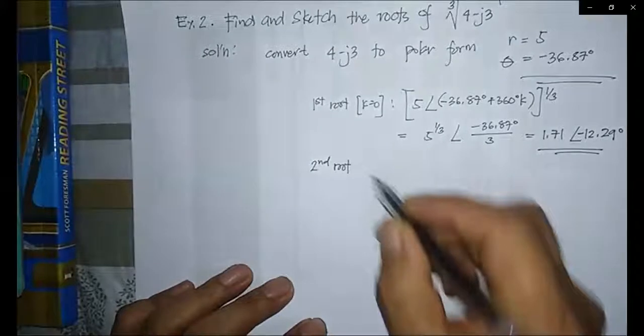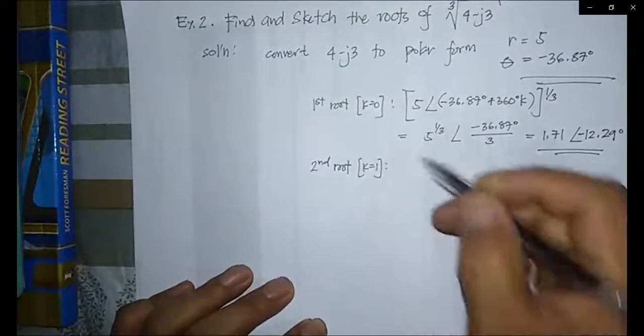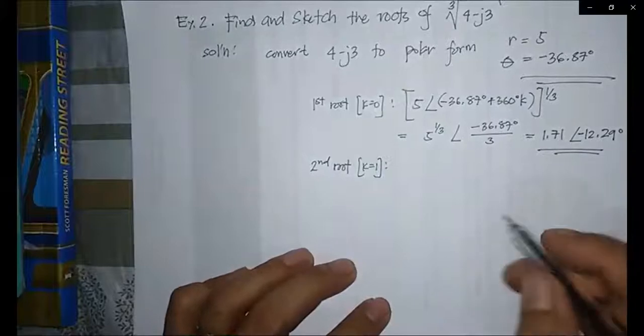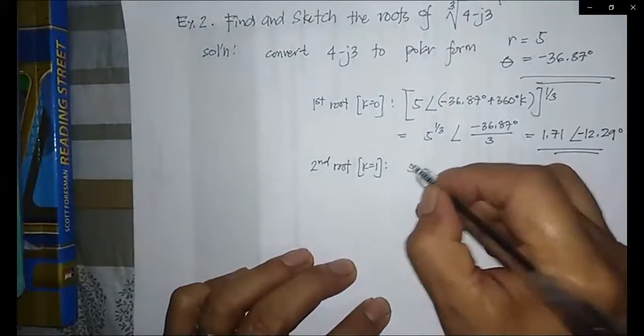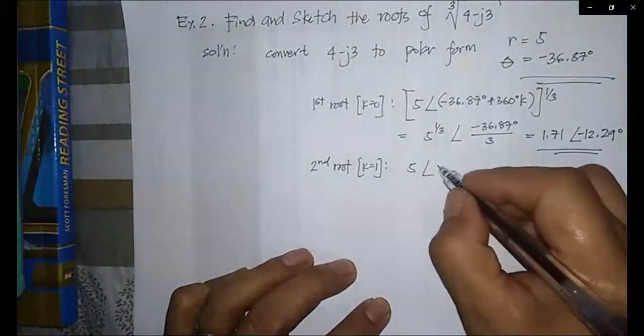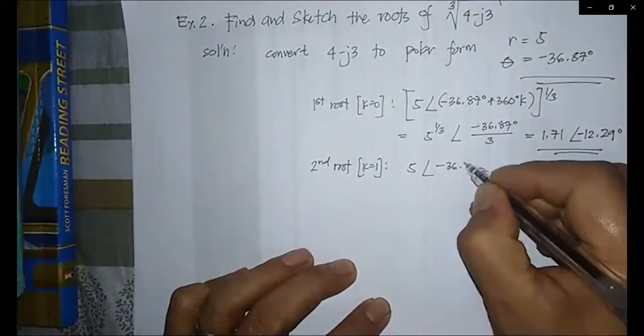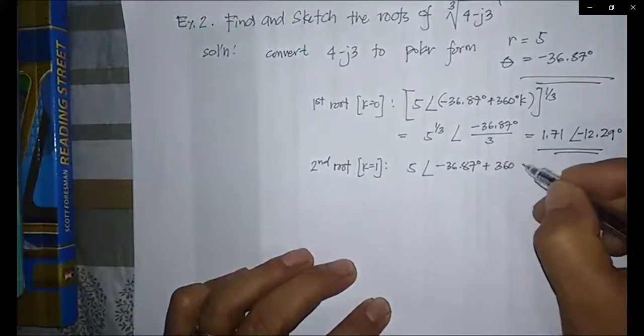Now for our second root, that is when your k has a value of 1. So we write 5, angle of negative 36.87, but this time the value of k is equal to 1.